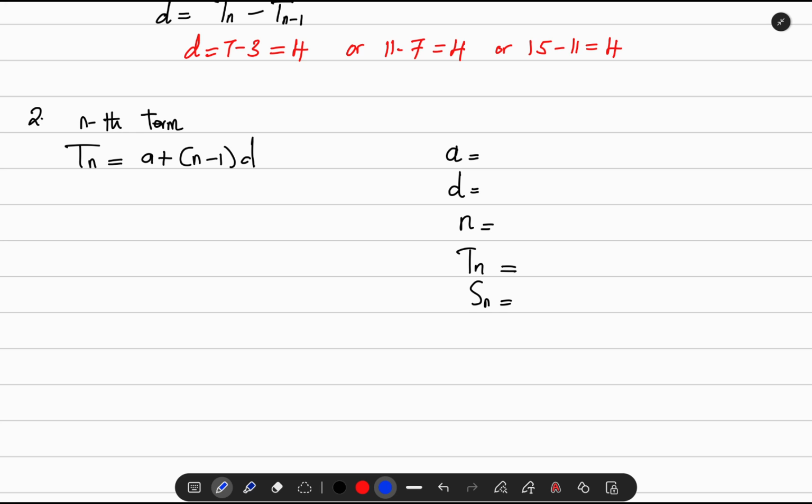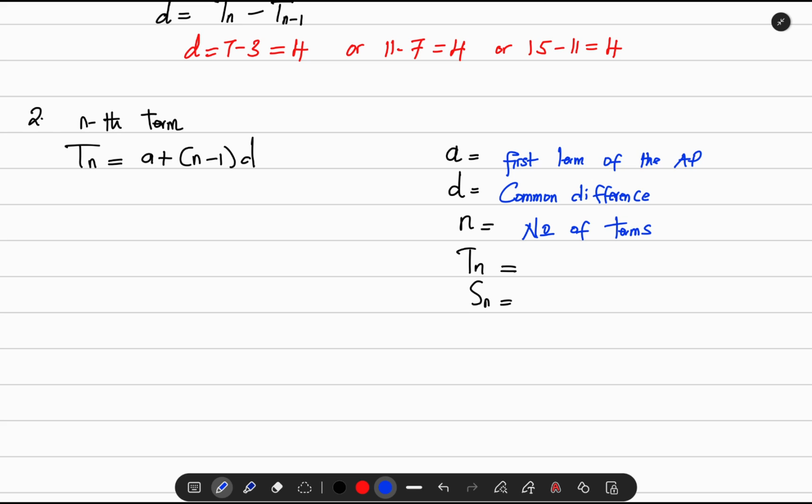A is the first term of the AP. D is the common difference. We've talked about this one. N is the number of terms. Are we together?